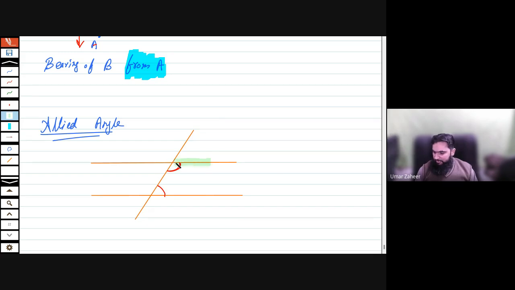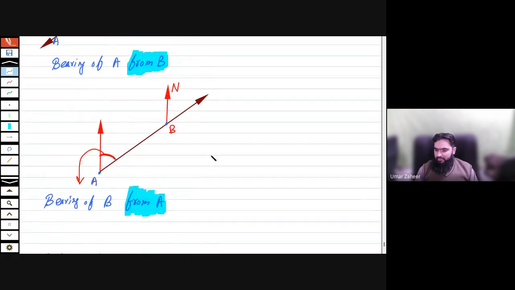They are making a U shape formed by two parallel lines. Look here: these two sides are parallel, so it is a U shape. So these two angles are also the allied angles.